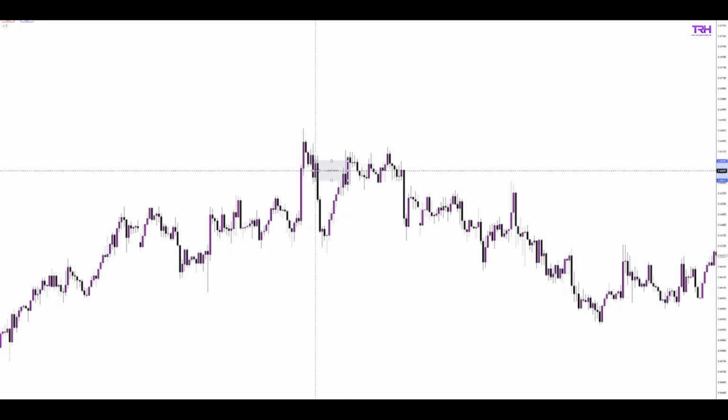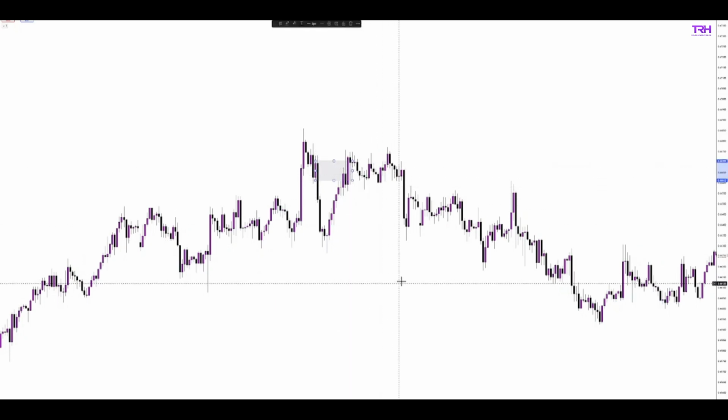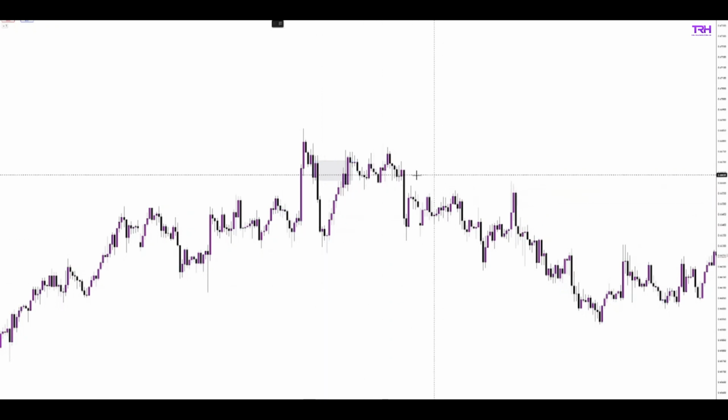And if you notice, price did come back into there, we reacted nicely, then dropped again. If you look again, this is another example: the last candle before the strong downward move.